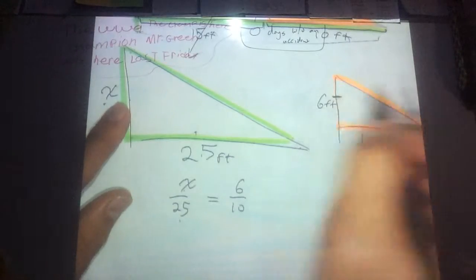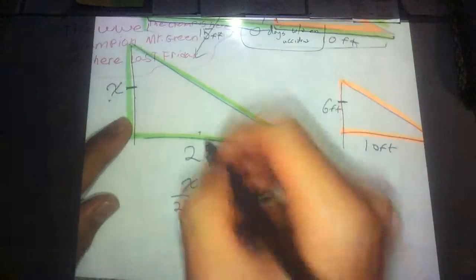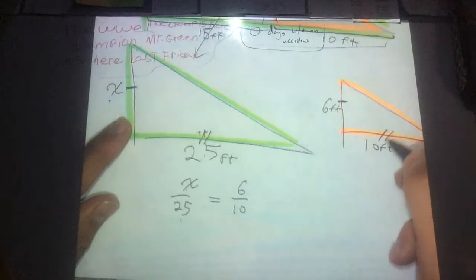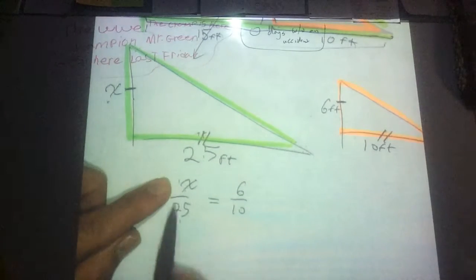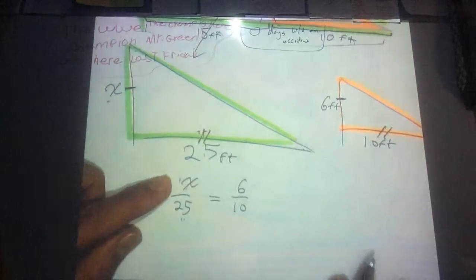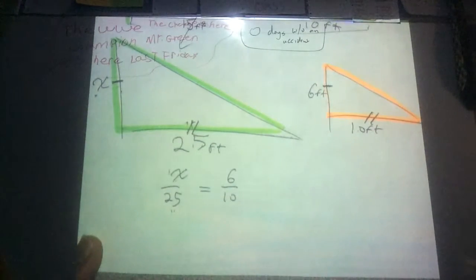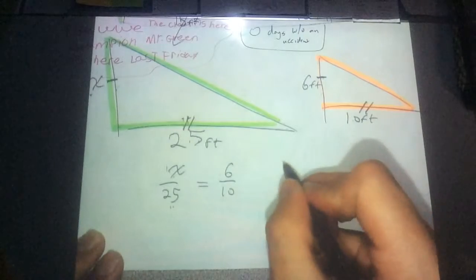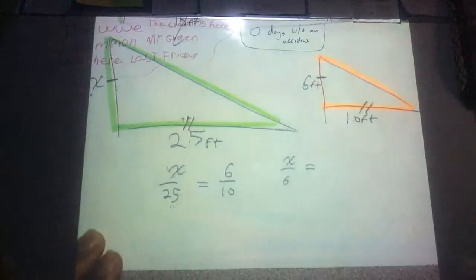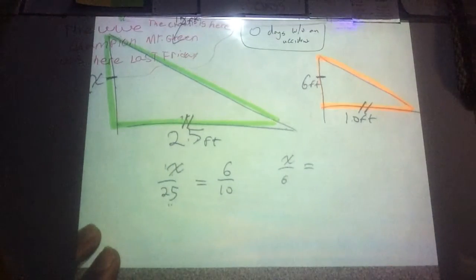I'll label these. And these sides correspond. So x over 25 and 6 over 10. Now there are several different ways I could have set up this proportion, but that's one way you could do it. If I also did something like x over 6, now try to predict what the next two sides are going to be.